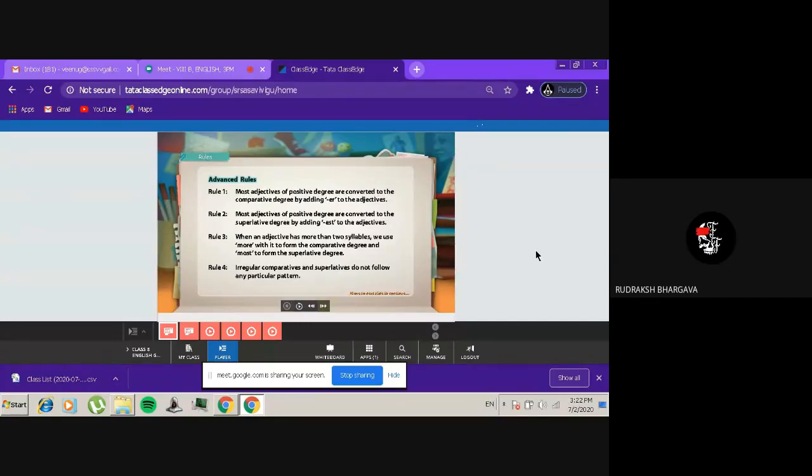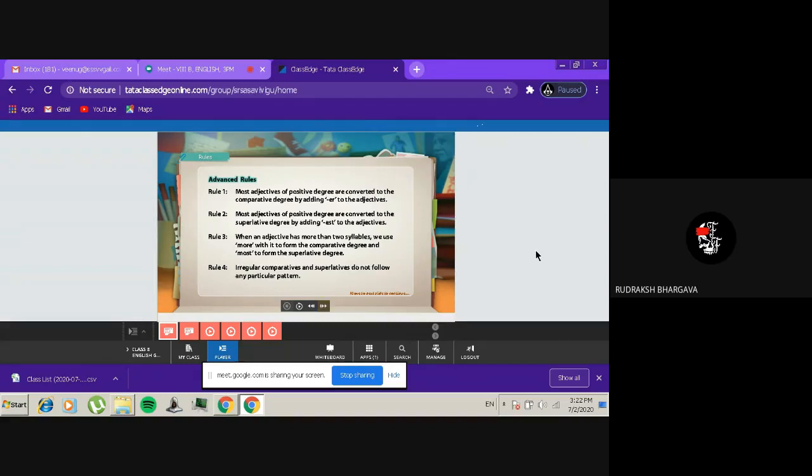Rule 1. Most adjectives of positive degree are converted to the comparative degree by adding er to the adjectives. Rule 2. Most adjectives of positive degree are converted to the superlative degree by adding est to the adjectives. Rule 3.